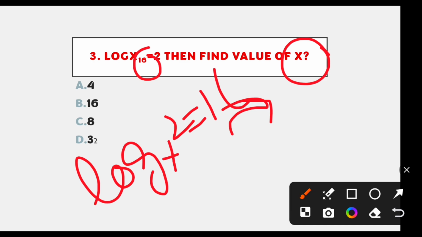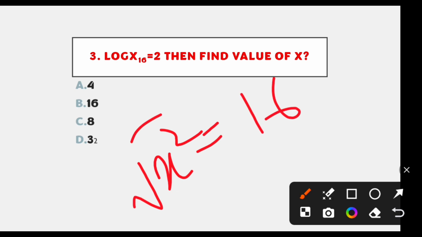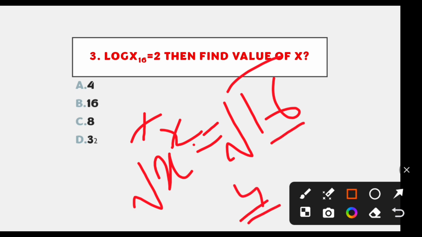We have to find the value of this x. So what will we do? We will take a square root on both sides. So if we take a square root, it will be the square root of x squared is equal to the square root of 16. So the square will be cancelled with this square root and the square root of 16 is equal to 4. So the answer is option A.